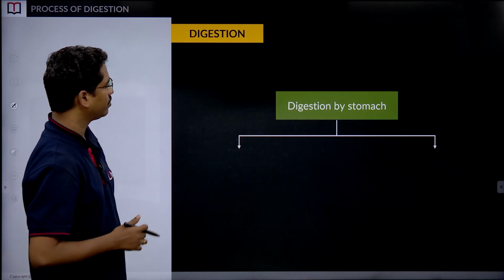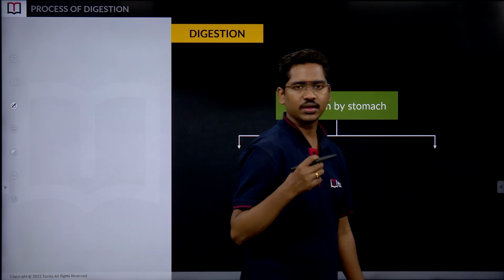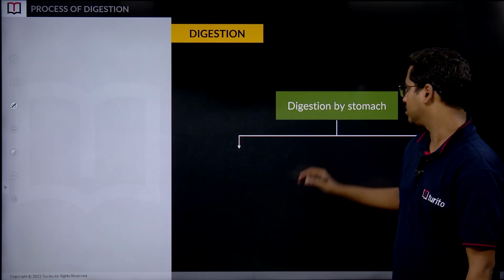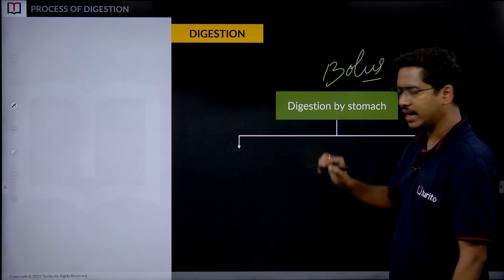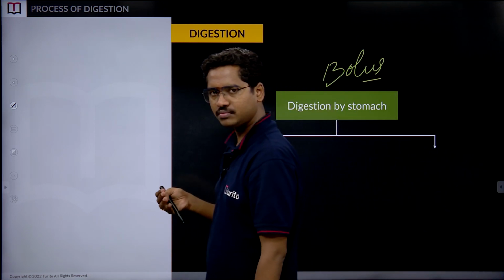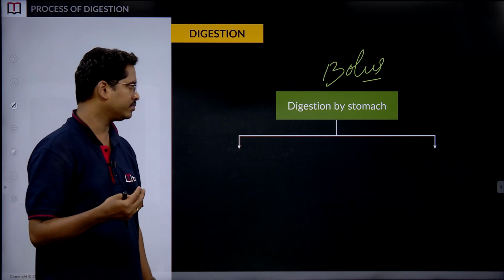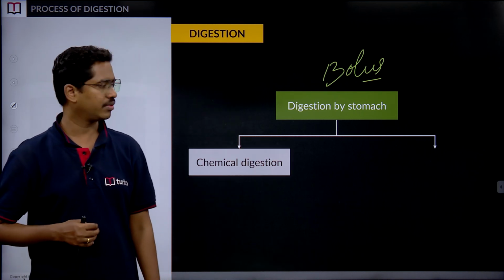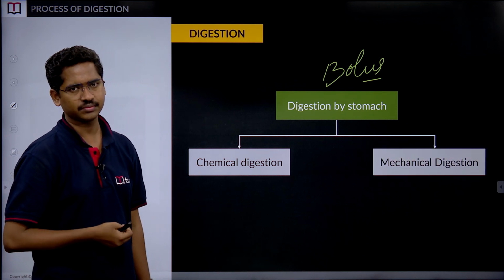Now, in the stomach the digestion of the food happens; that is digestion by the stomach. The bolus has to enter the stomach and has to get digested, and it is not so simple. Here the digestion happens in 2 ways: chemical digestion and mechanical digestion.